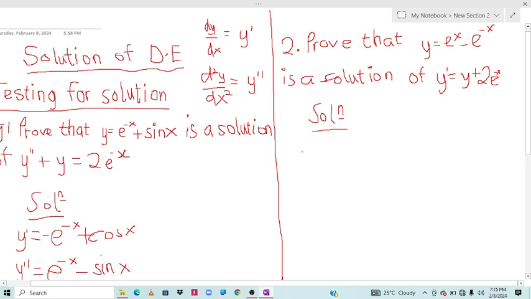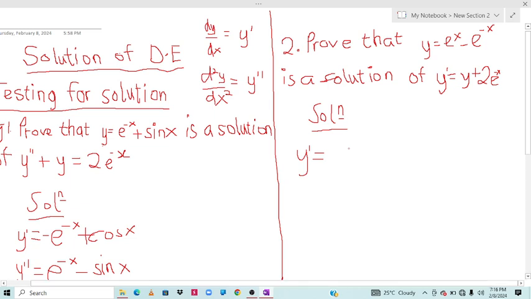So now let's differentiate. We are going to get y' equal to... Now, if we differentiate e^x, we are going to get e^x. Why?